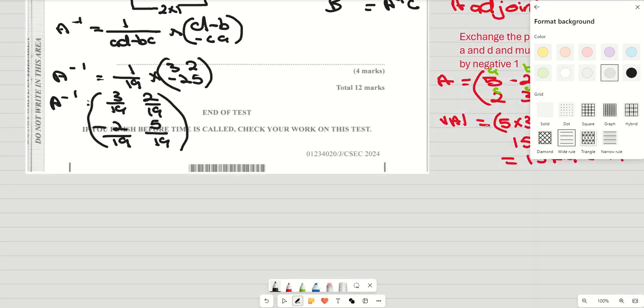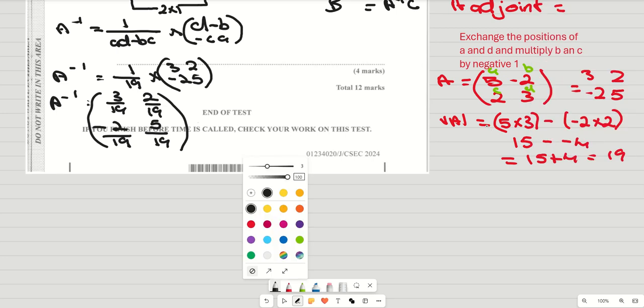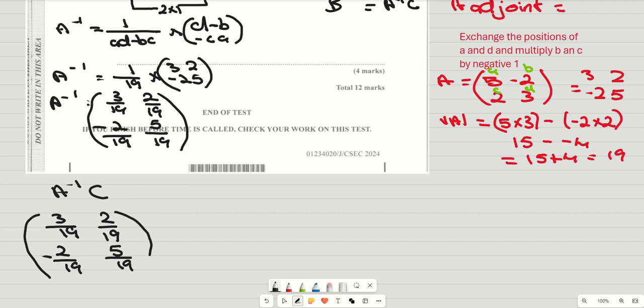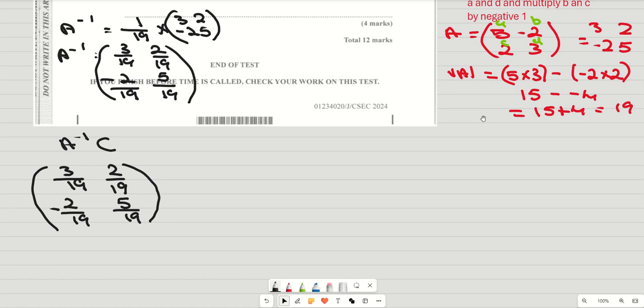So we know it's A inverse by C. We know A inverse is 3 over 19, 2 over 19, minus 2 over 19, and 5 over 19, and you're multiplying this by C. What is C? C is the answer, 44 and 10.